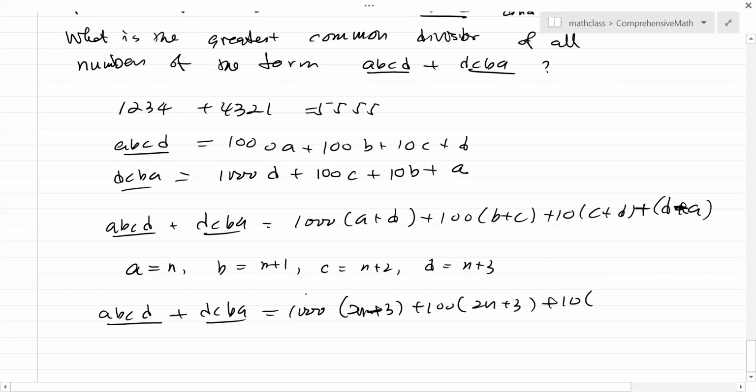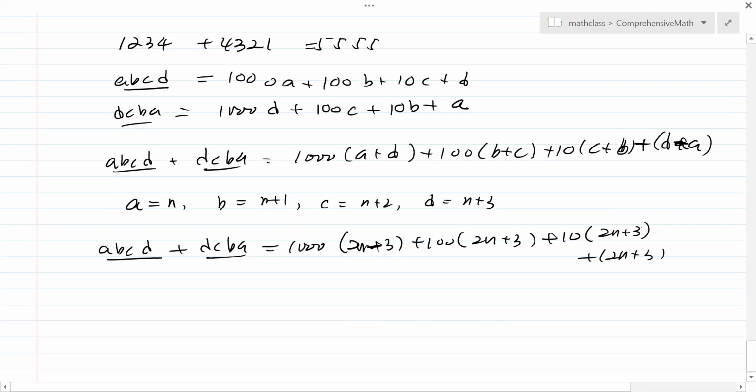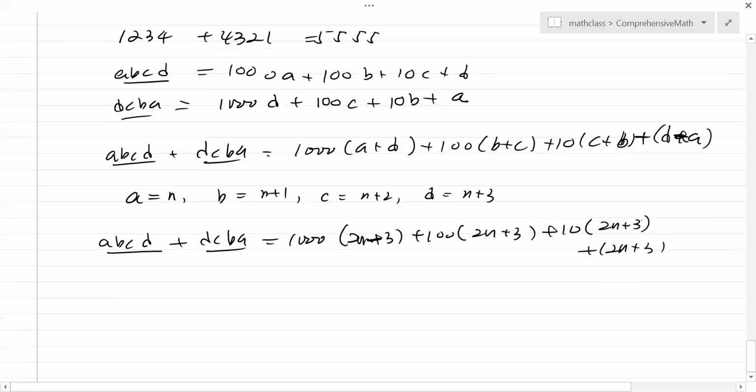And 10 times C plus B, wait a minute, this is not D, this is B, is also 2N plus 3. Then D plus A is also 2N plus 3. So that's just 2N plus 3, 2N plus 3. Okay, so then just take the common factor.